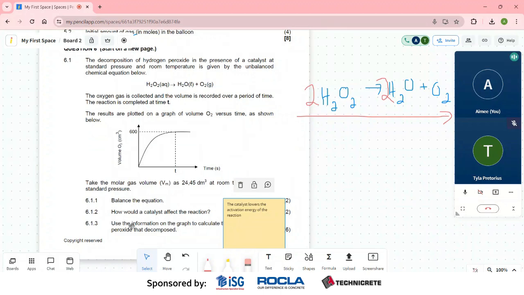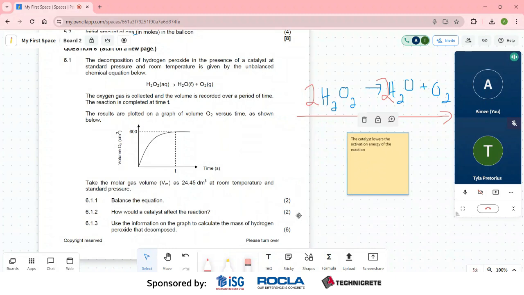So the catalyst increases reaction rate, it increases how fast it happens, how easily it happens. It doesn't participate in the reaction, it's not used up in the reaction. And it makes it so that more molecules can participate in the chemical reaction. It makes sure more molecules have enough energy to participate in the reaction.